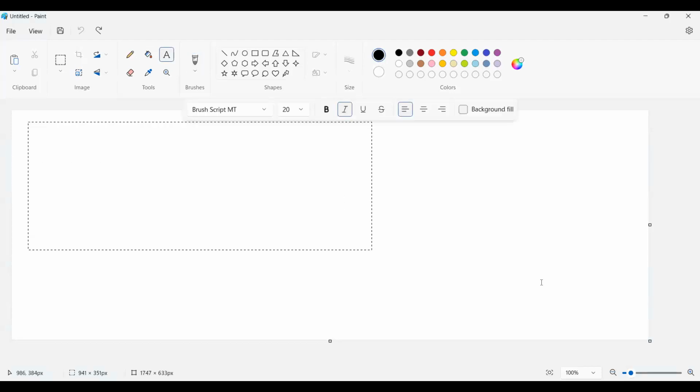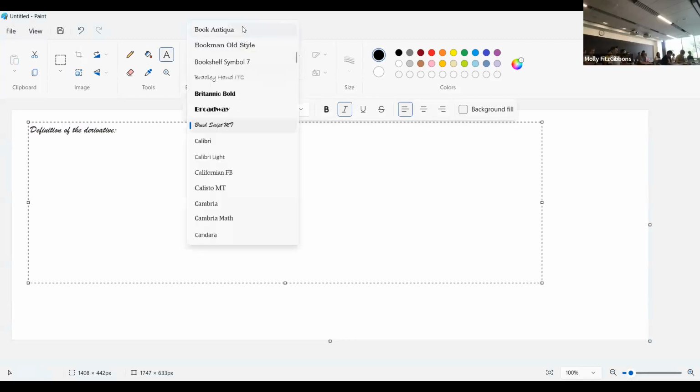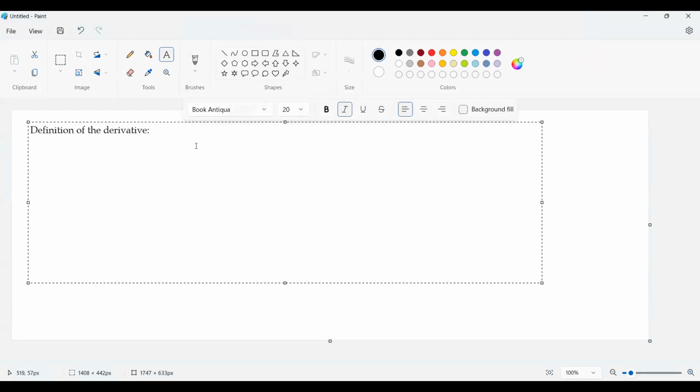So hopefully everybody remembers the definition of the derivative. And we seem to be somehow in a fancy text mode. Okay, is this a good font size?